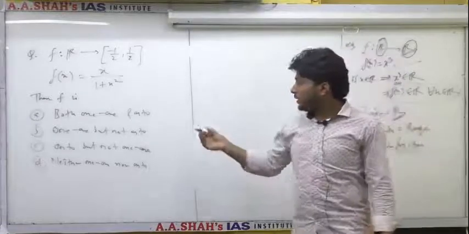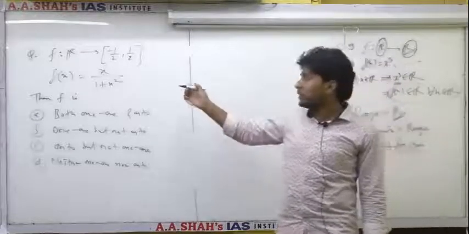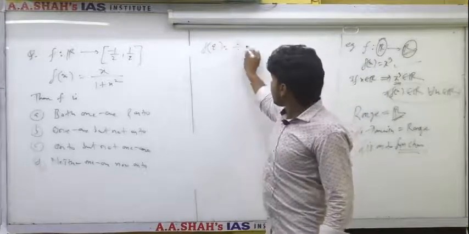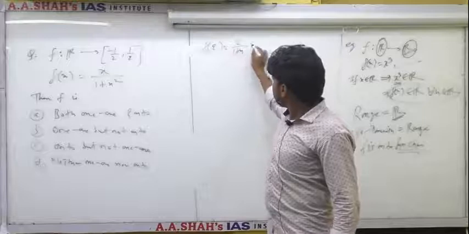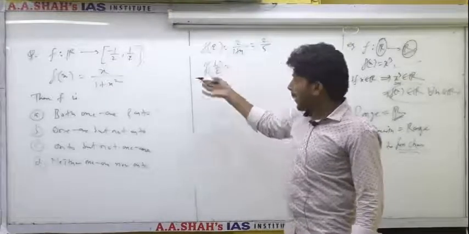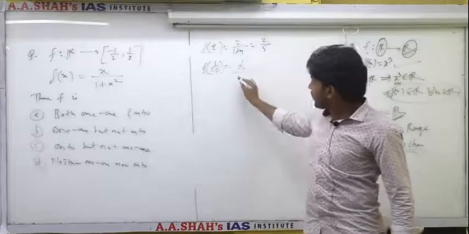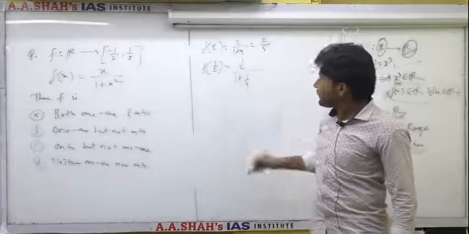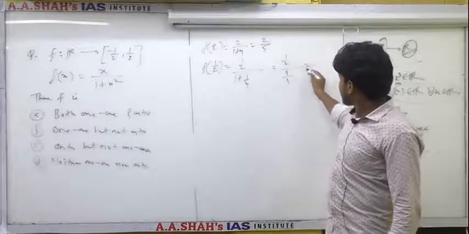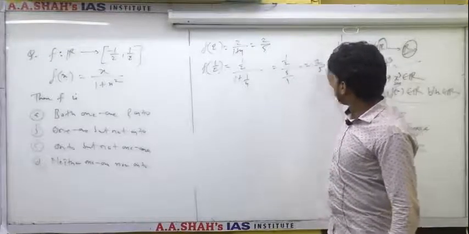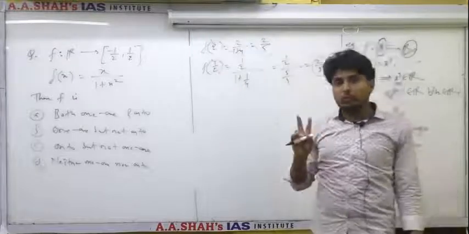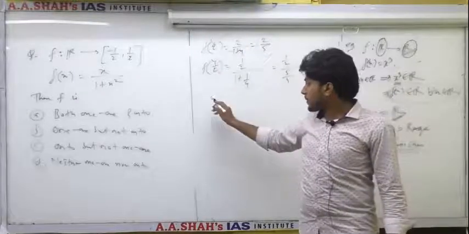So we discussed the 1-1 nature of this function, because what you noticed: f(2) we get 2 upon 1 plus 4, that is 2 by 5, and if you find f(1/2), so 1/2 upon 1 plus 1/4, we take LCM, 5 by 4, cancel it out and we get 2 by 5. So 2 and 1/2 have the same images. 2 and 1/2 are different numbers and they have the same images.